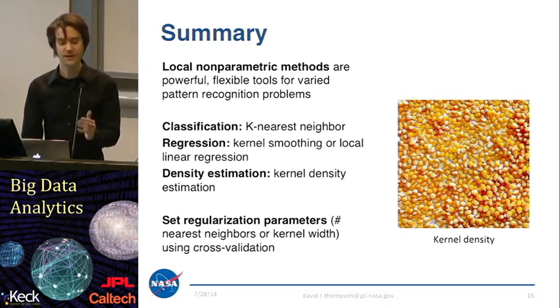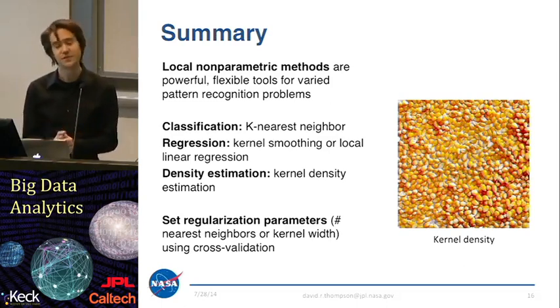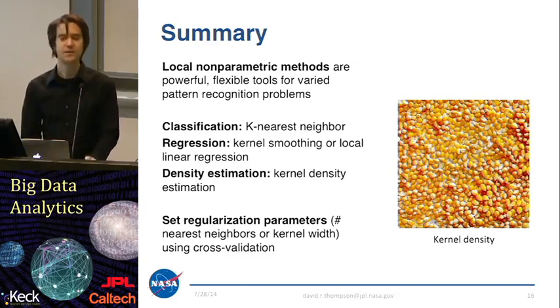And there are three different examples of this local pattern recognition that I demonstrated: k-nearest neighbor for classification, kernel smoothing and local linear regression for regression problems, and then kernel density estimation for probability density estimation tasks. The main parameter is regularization, and you can set this using a cross-validation strategy.